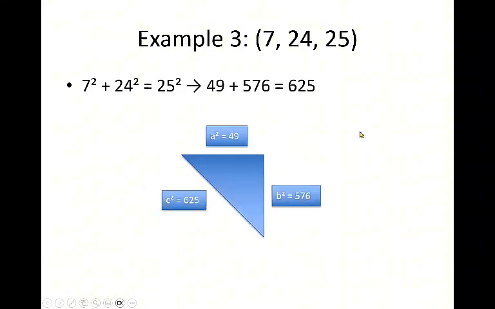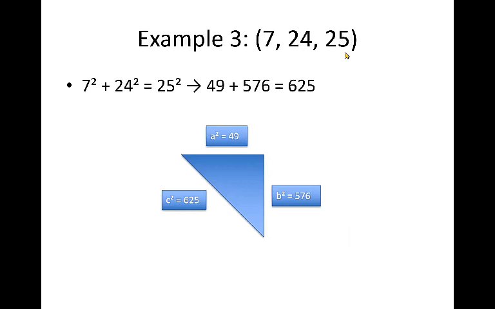For our third example, we have 7, 24, and 25. Our side A is 7, our side B is 24, and our side C is 25. For our third example, we are looking at a much more stretched triangle.